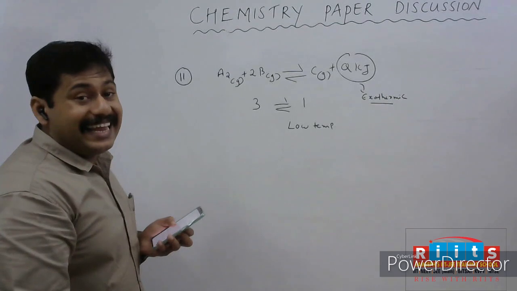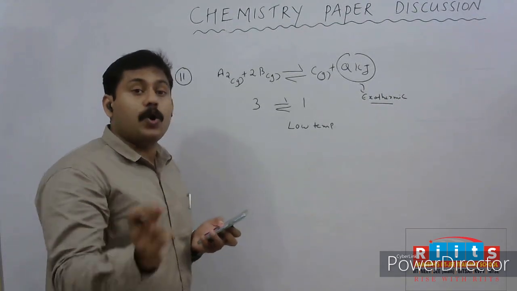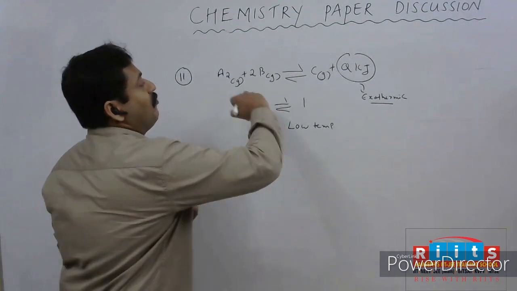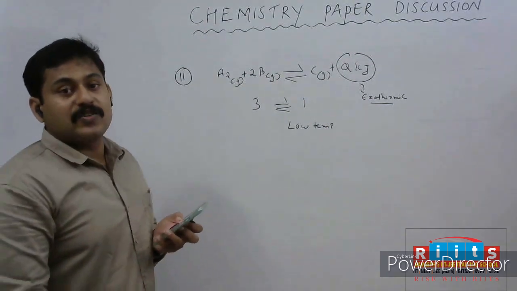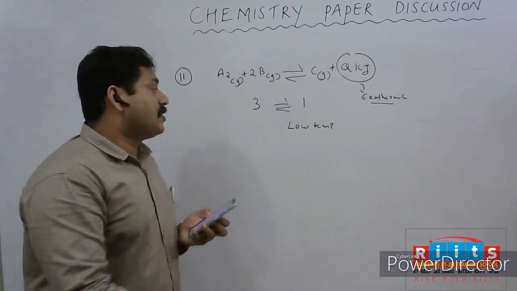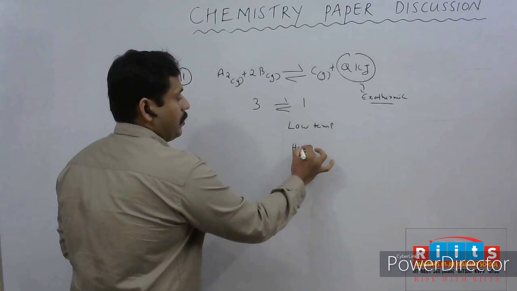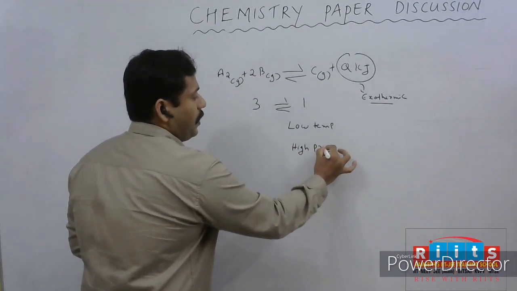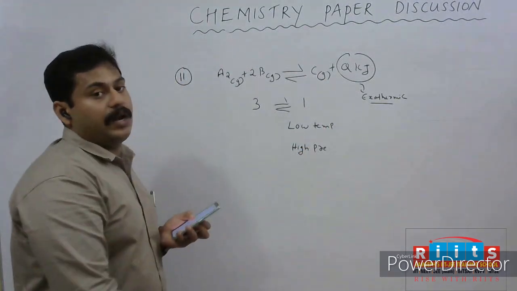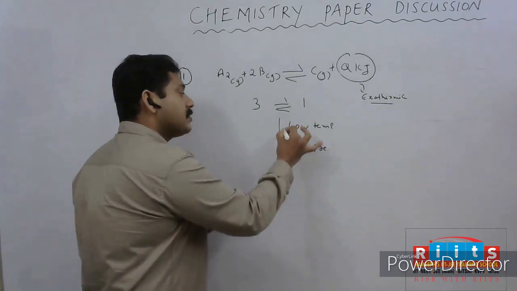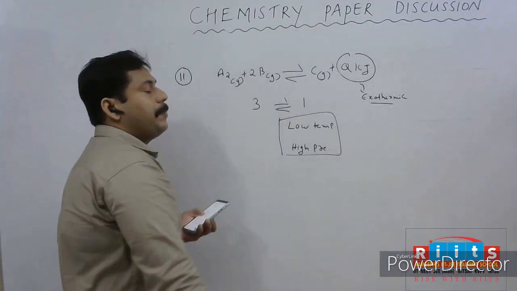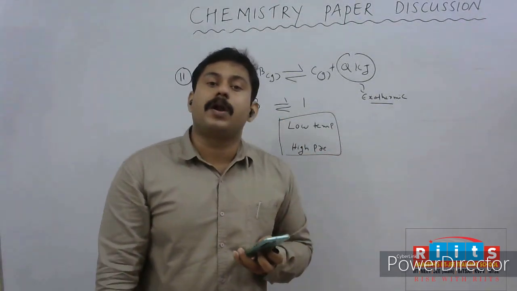When we increase the pressure, according to Le Chatelier principle, it will shift towards the right side, so we get more yield. So high pressure. This topic is based on the Le Chatelier principle. So this is the correct answer: low temperature and high pressure favor the maximum yield of the product.